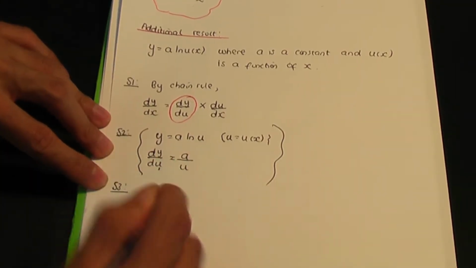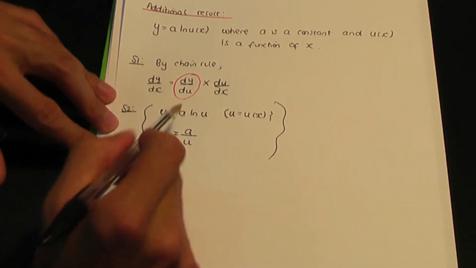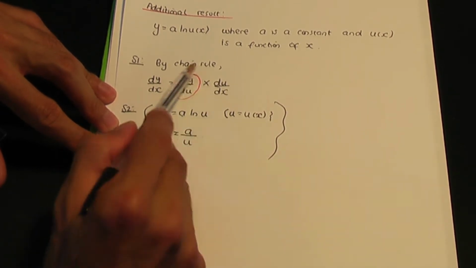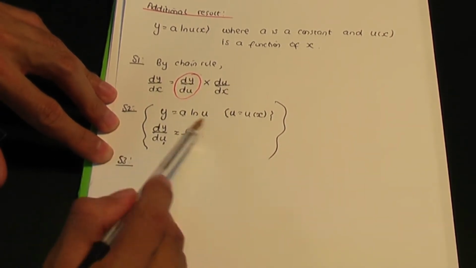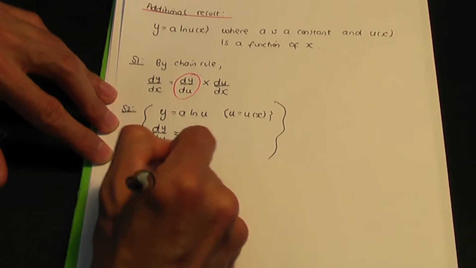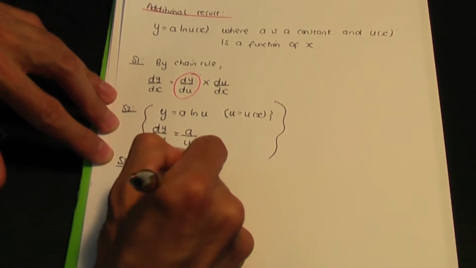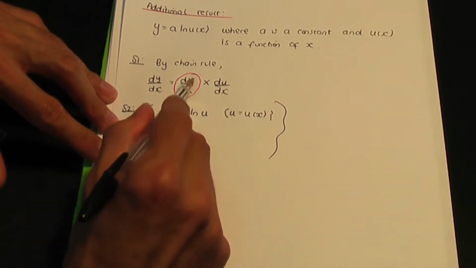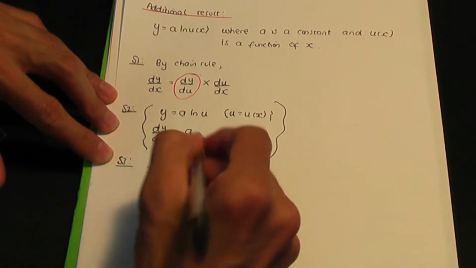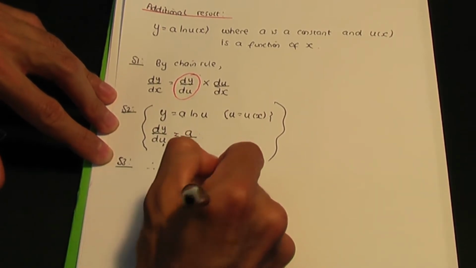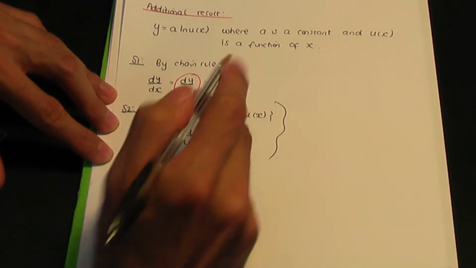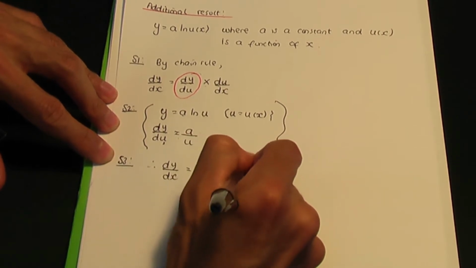And in the final step, step number 3, if I replace dy by du by the term that we found, therefore dy over dx, that is dy by du, which is a over u, multiplied by du over dx.